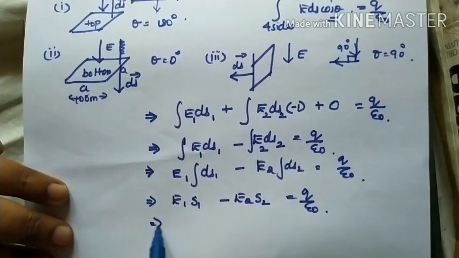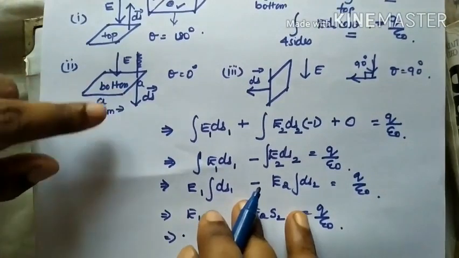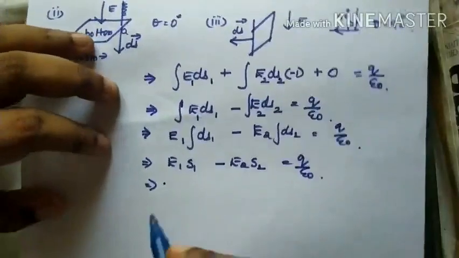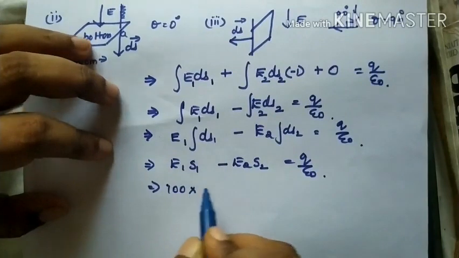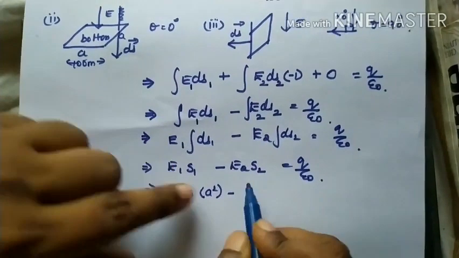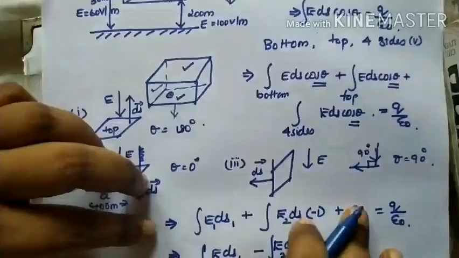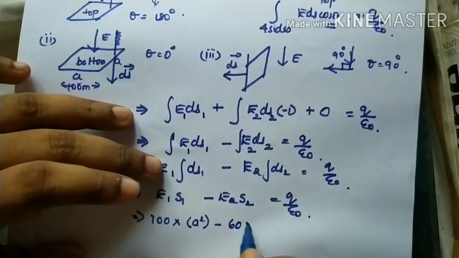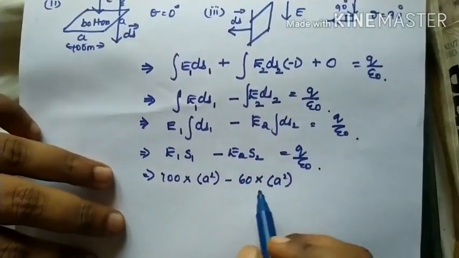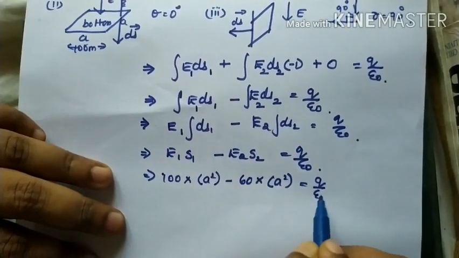That is equal to E1, that is for the bottom. The bottom's electric field is 100. So 100 into S1, which becomes a squared, minus E2, that is the top surface electric field, 60 volt per meter, into again a squared, because it is a cube, all the sides will have the same value, is equal to Q by epsilon naught.